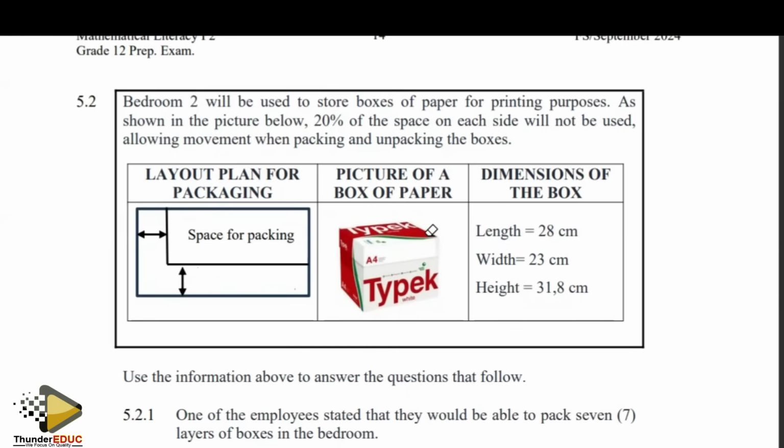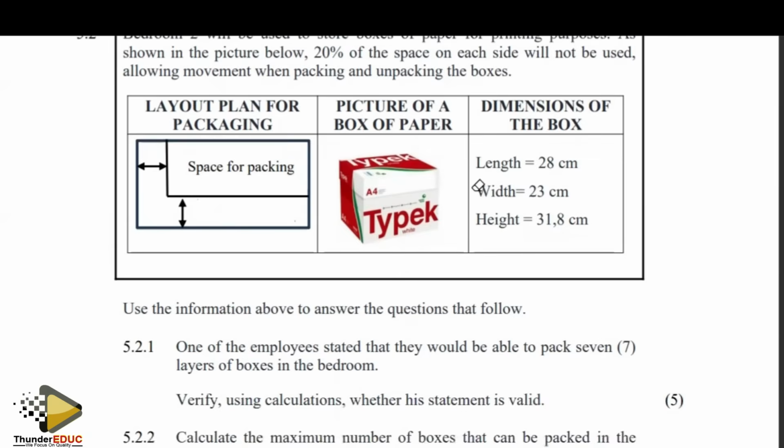Okay. Now they're asking us. One of the employees said that they would be able to pack 7 layers of boxes in the bedroom. So what we're going to do, 7 layers means going upwards, which is going to be the height of the room divided by the height of the box. Why? Because you're going up, you're looking for layers.